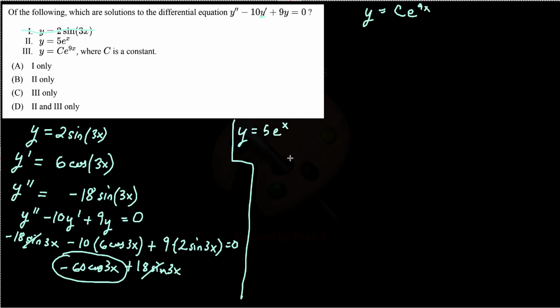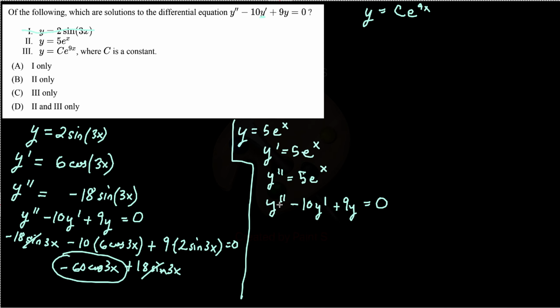Okay? Now let's check this one, y prime. And this is an easy one, nice. The derivative is just 5e to the x. The second derivative is 5e to the x. And now let's see if we get a solution. So again, I write my differential equation, y double prime minus 10y prime plus 9y should give me 0.